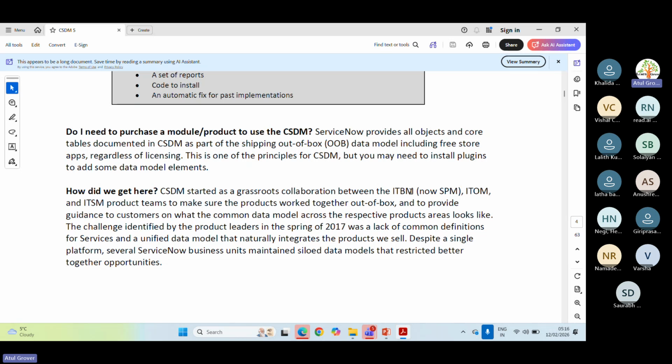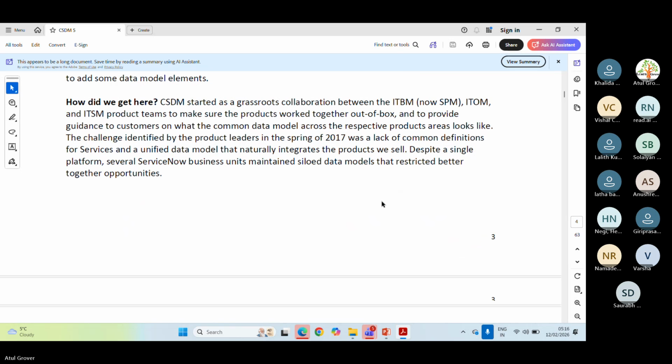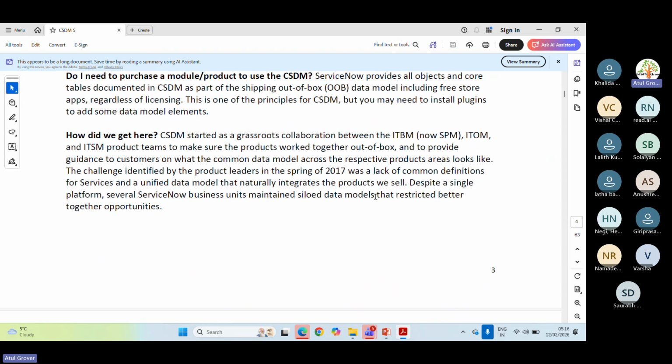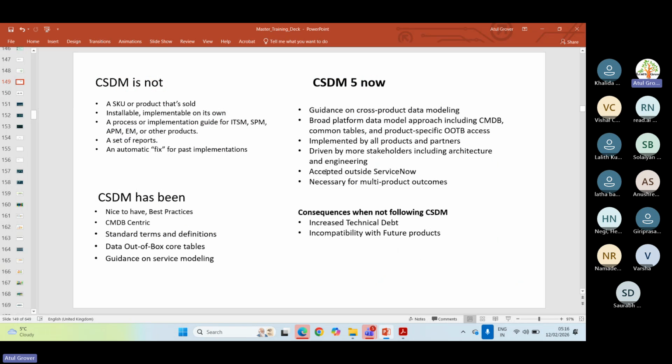ITOM says, I have my own data model. ITSM says, I have my own data model. Different data models in a single platform will not work. So the need was to bring them together, and the discussion started, mainly in 2017. Nine years back.